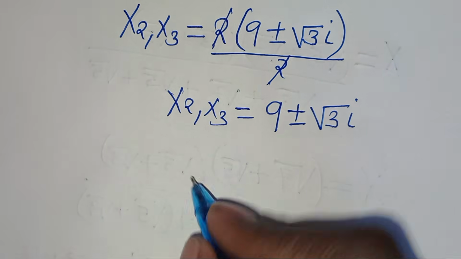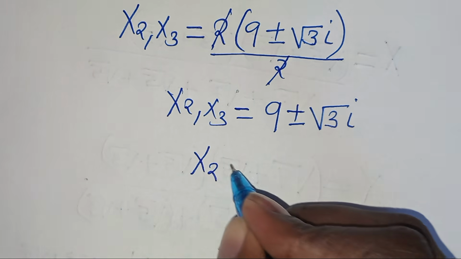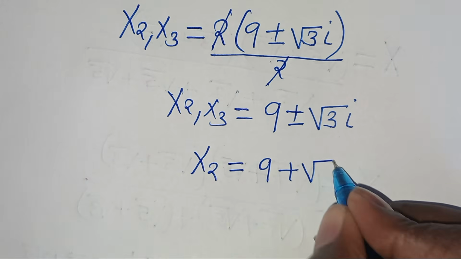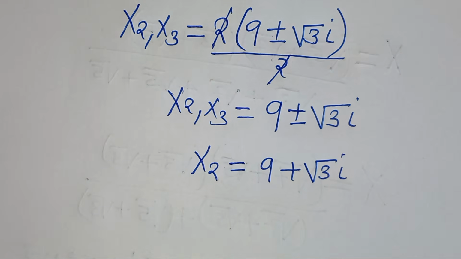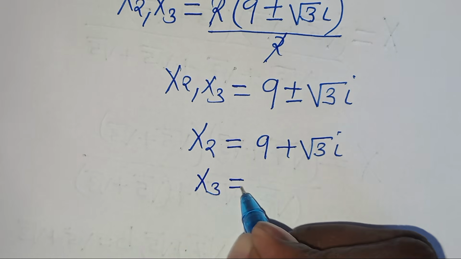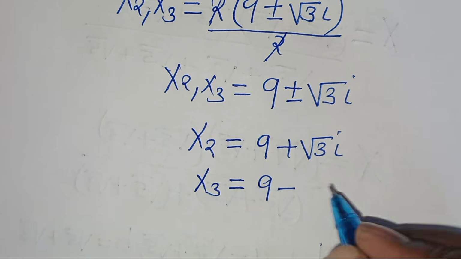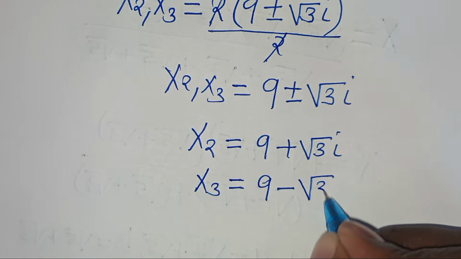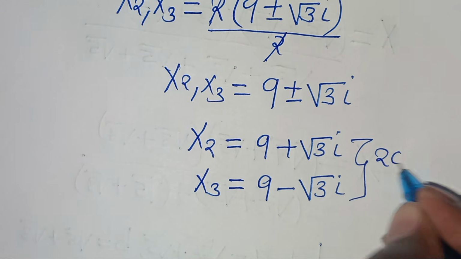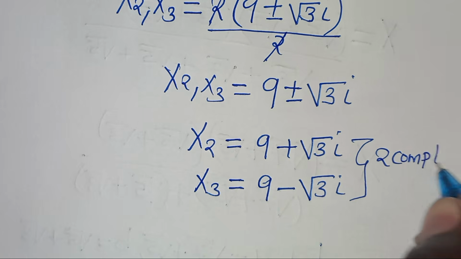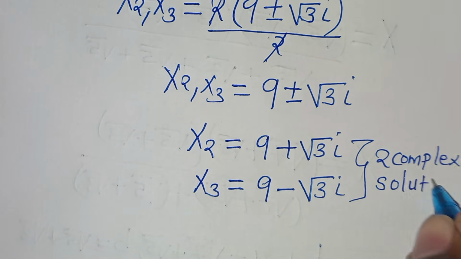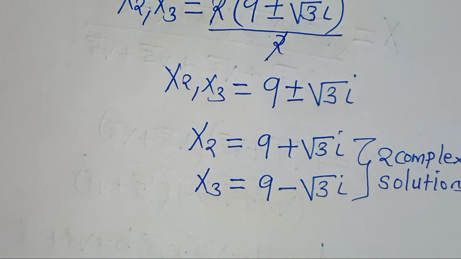So this means that x2 is equal to 9 plus square root of 3 i, then x3 is equal to 9 minus square root of 3 i. And these are two complex solutions for this algebra problem.